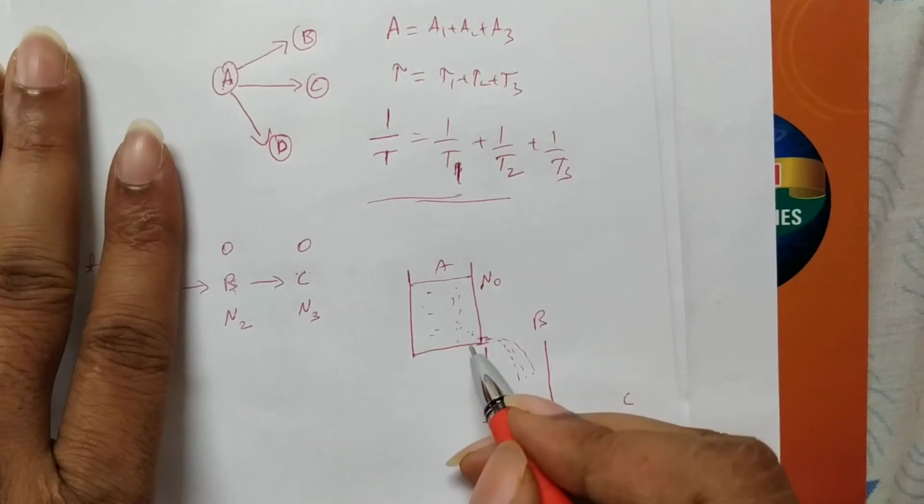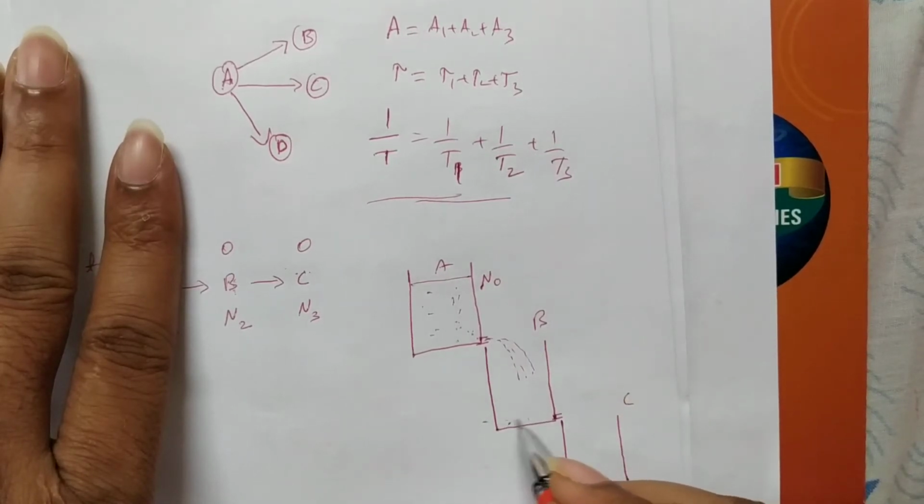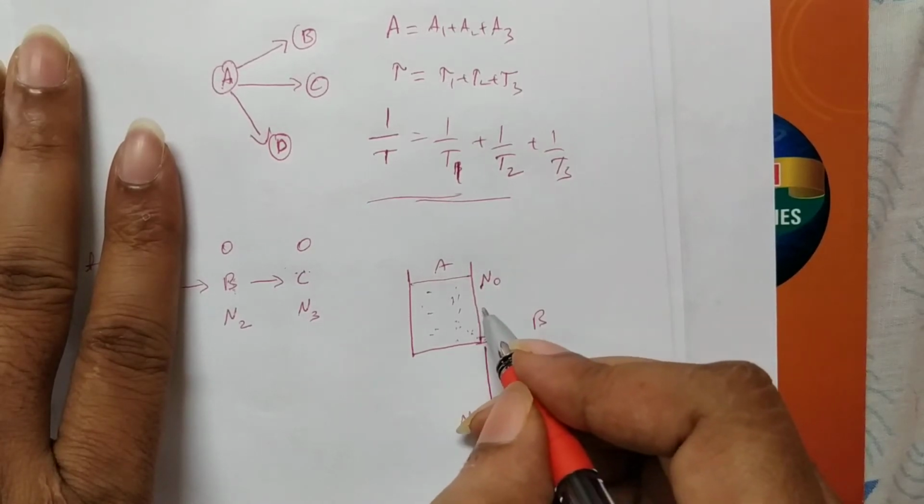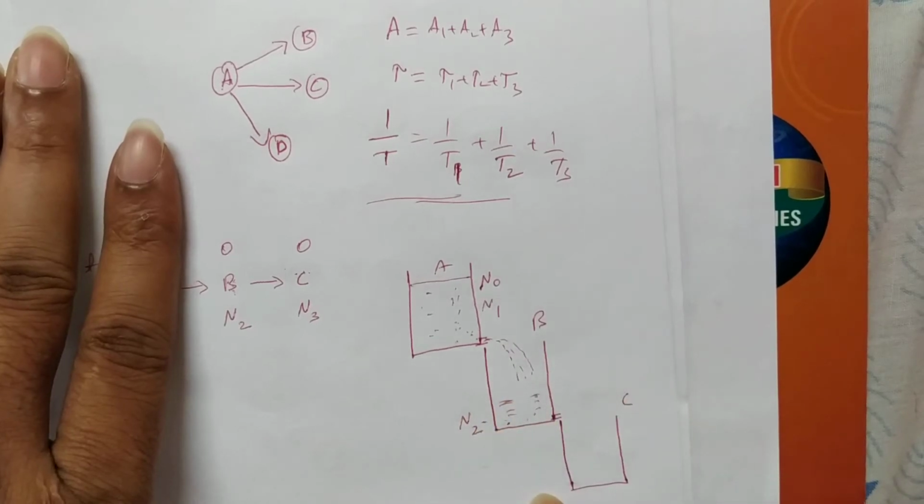Then the number here decreases, and here the number increases. So here the number is N2, we can take. After leaking, the number of nuclei in A is N1.